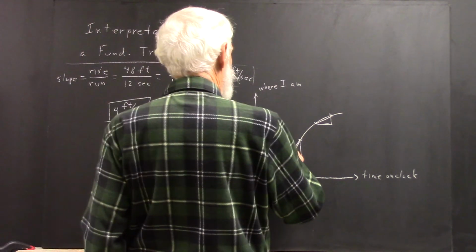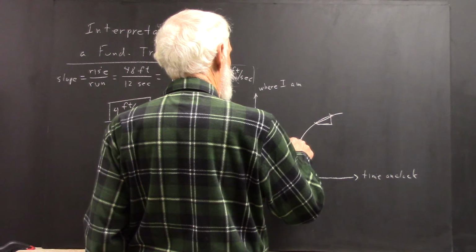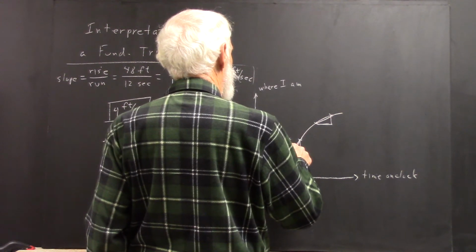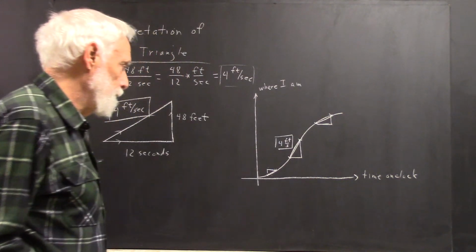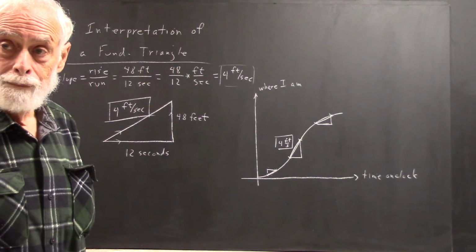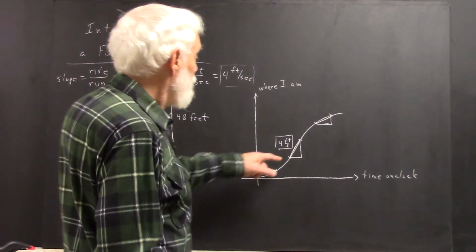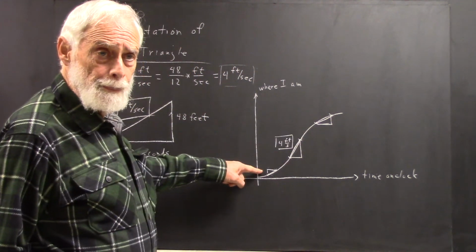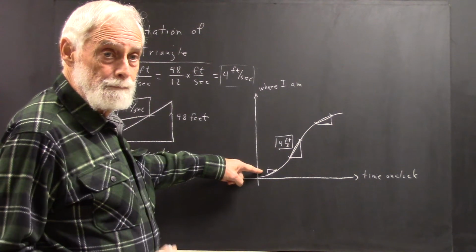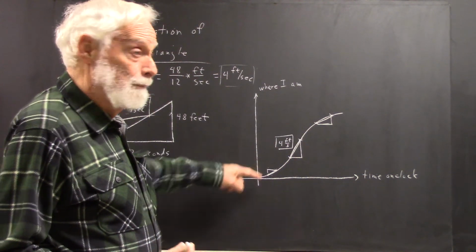Well, maybe this slope is 4 feet per second. I'm just using S for the second because I've got to write small here. Okay? That's 4 feet per second. Now if that slope is 4 feet per second, what do you think this slope is? 2? 2. Okay.